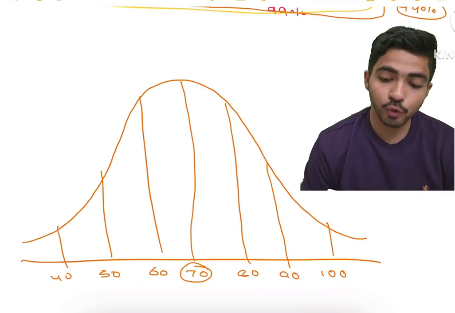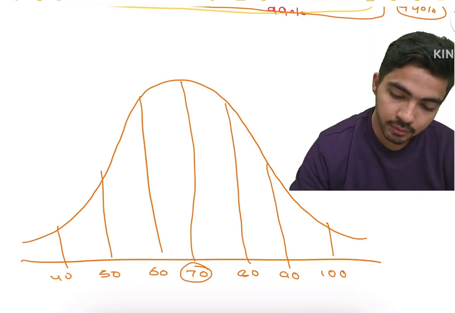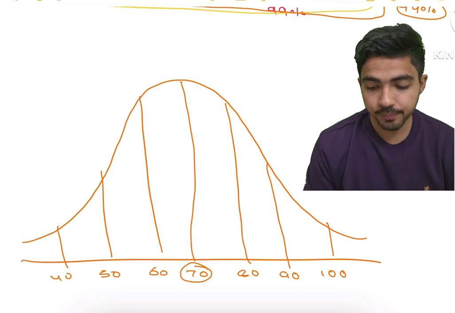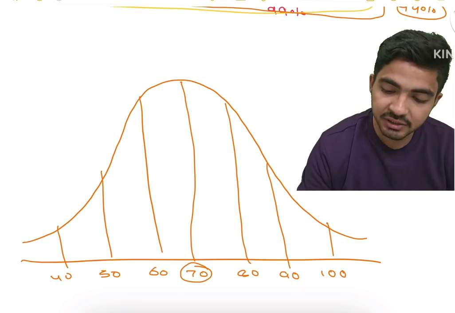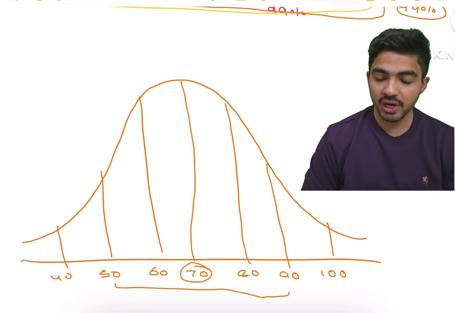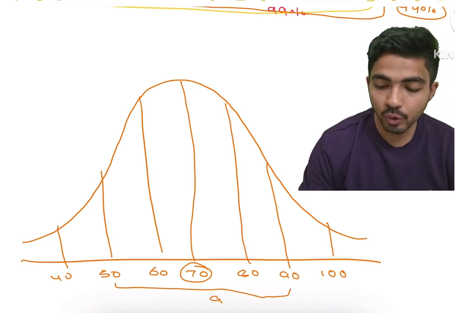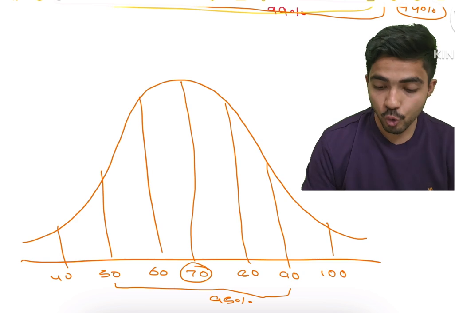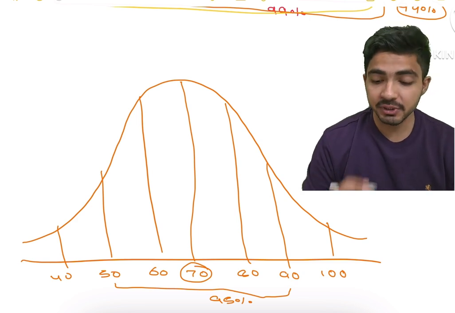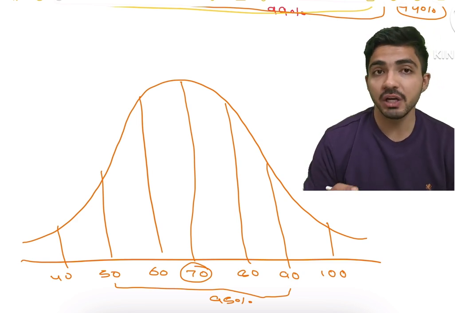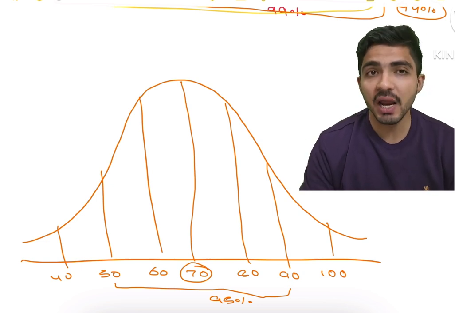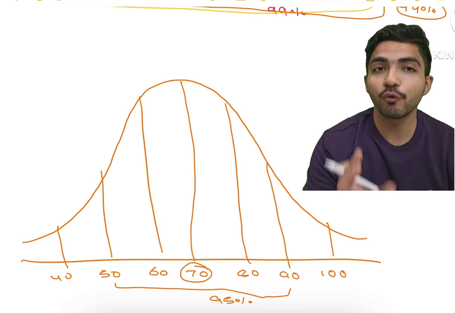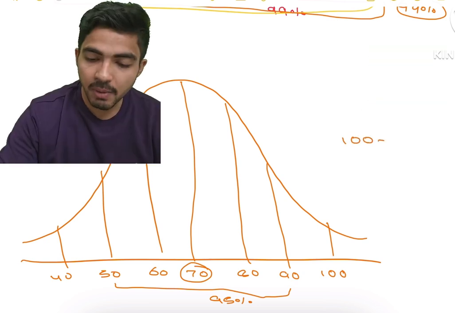The percentage of students whose weight is less than 50 kilogram. As I can see, 95% of the students are between 50 to 90 kilogram. So the percentage of students whose weight would be less than 50 kilogram and more than 90 kilogram would be, of course, 5%. 100 minus 95 is equal to 5%.